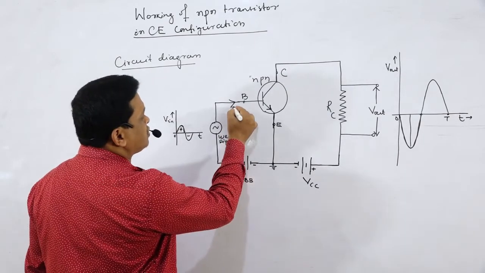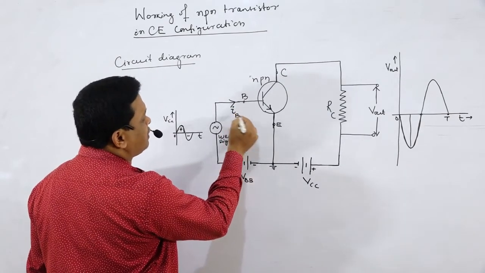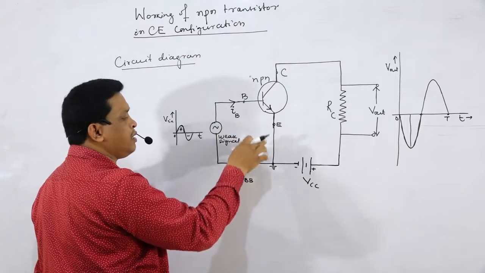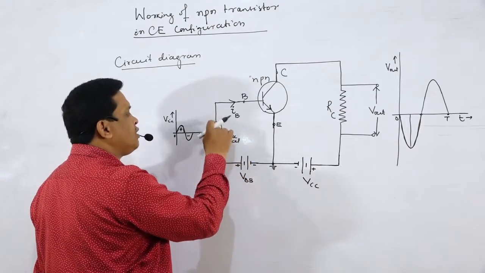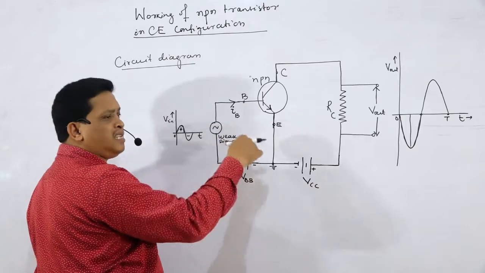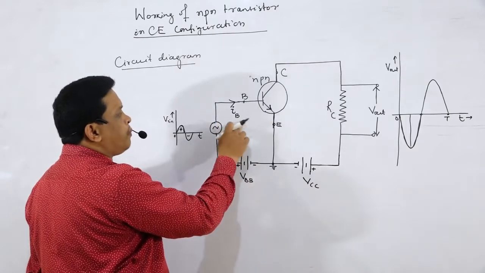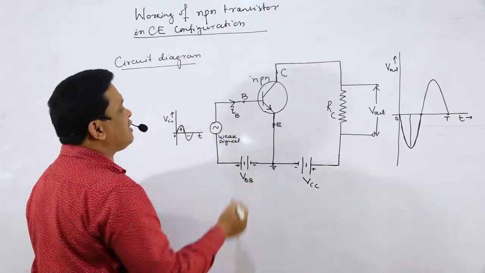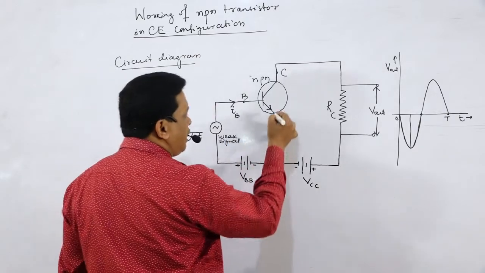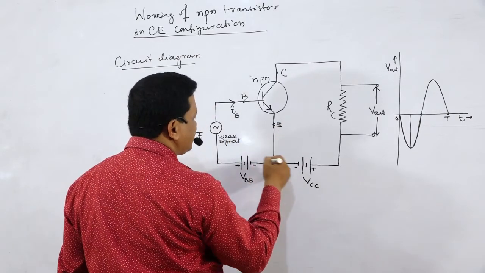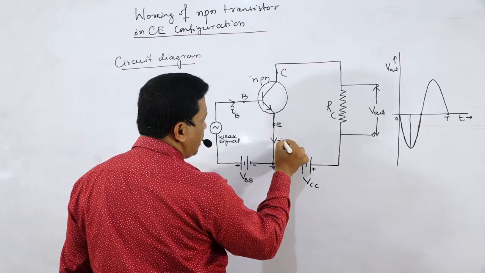So this is the symbol for representing both AC and DC current, because there is a battery DC, so there is a DC current, and there is also an AC signal, there is an AC current. Therefore, to combine this, we write the symbol like this: iB, the base current. Emitter current is iE.